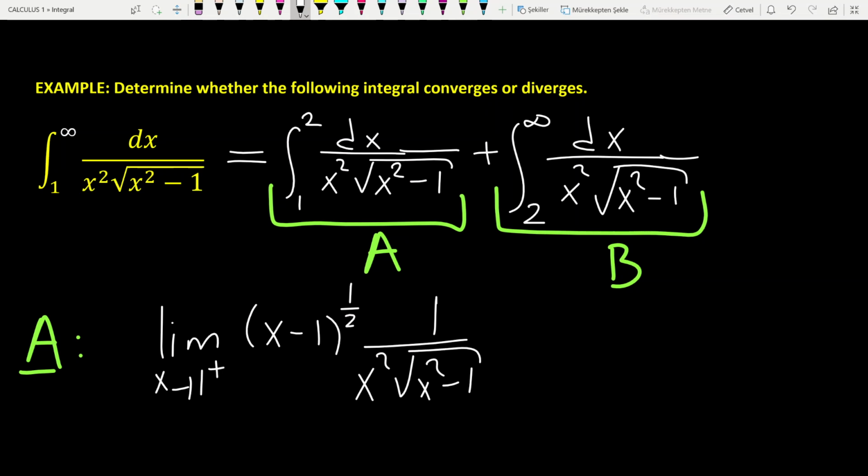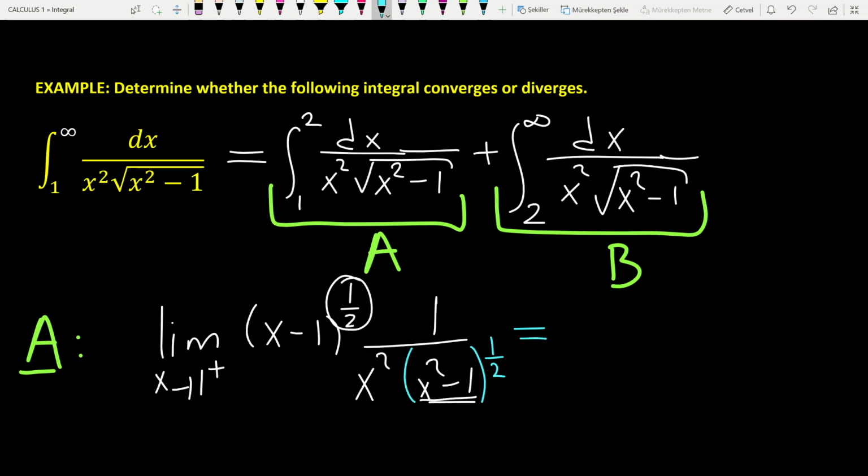Okay. So why do I prefer to choose Q as 1 over 2? Since the power of this expression is 1 over 2, I especially choose the power of Q as 1 over 2.